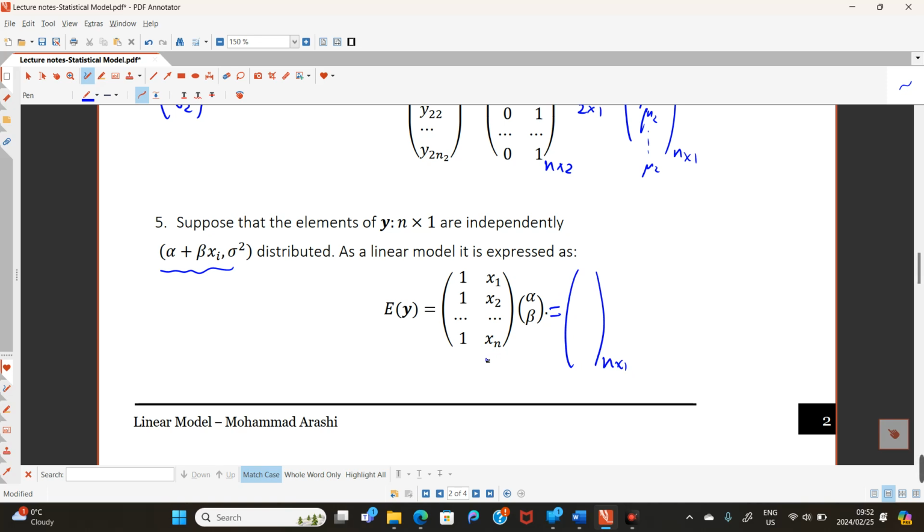So you have an n by 2 design, which I express by X, and then the b, the effects. We call them the intercept and the slope of a model, or these fixed effects, a 2 by 1 vector. If you do the multiplication, you will have alpha plus beta x1, alpha plus beta x2, up to alpha plus beta xn, and this is actually the expected value of y.